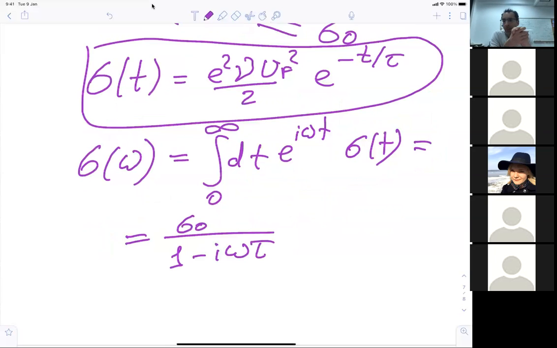So there are two complementary ways of looking at this problem, one in frequency space, another in the time representation. There is a single response coefficient sigma that in the time representation is an exponentially decaying function on the scale tau transport, or in the frequency representation, it's a function that has a pole.